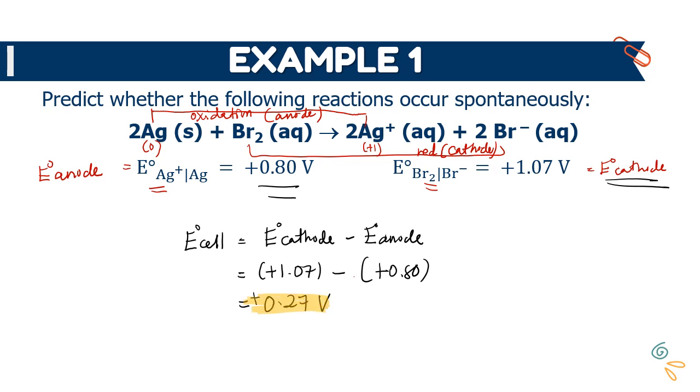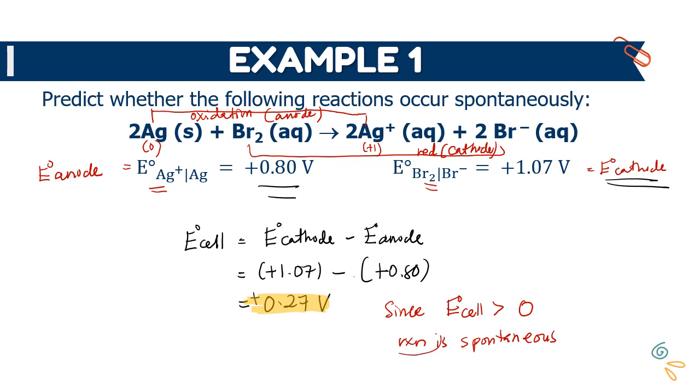After you do the calculation, what you will do is make a conclusion statement. Let me change to my pen over here. So since E naught cell is bigger than 0, what does it mean? Reaction is spontaneous.